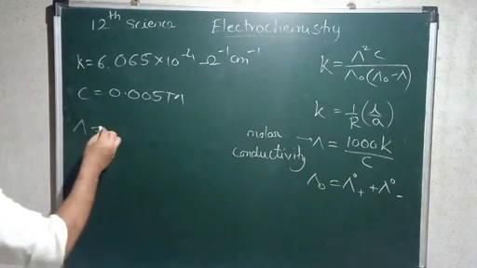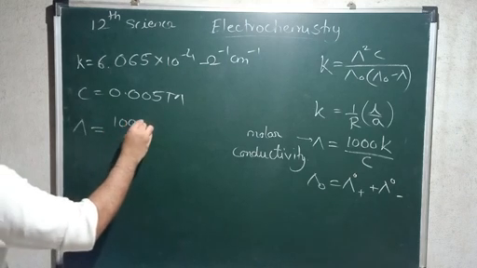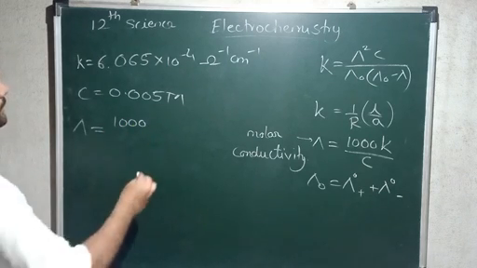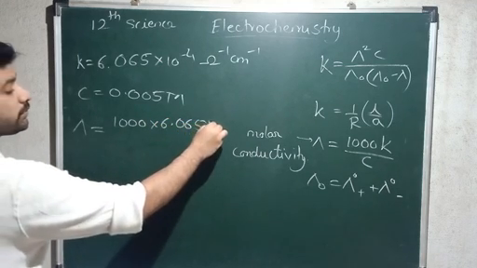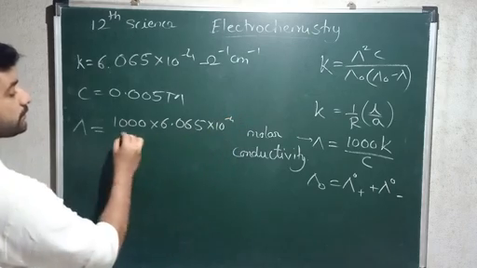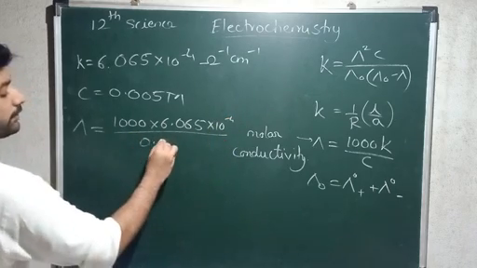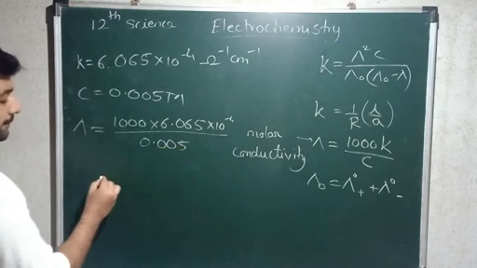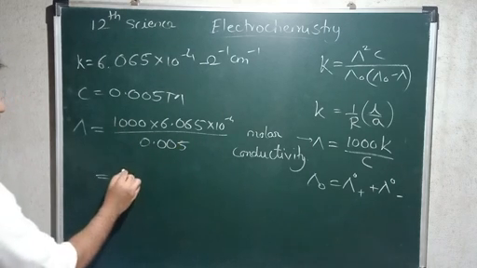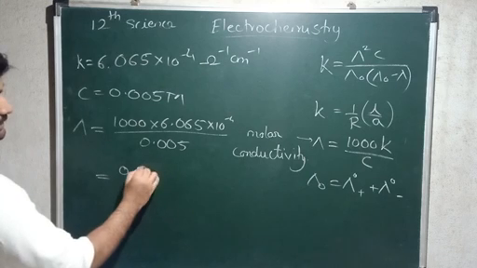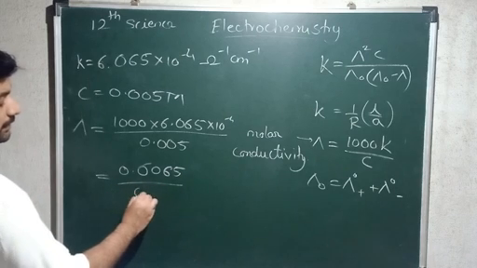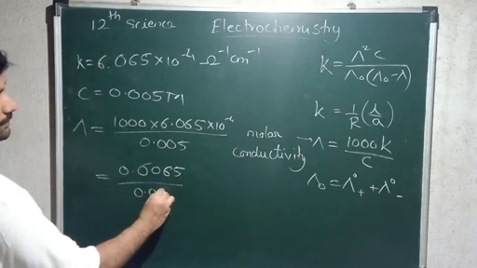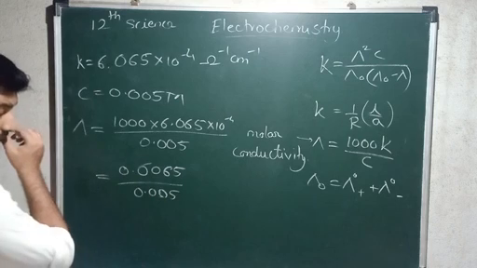So what is the final answer? It is 1000 into 6.065 into 10 raised to minus 4 divided by 0.005. Now we can write this as 0.6065 divided by 0.005.